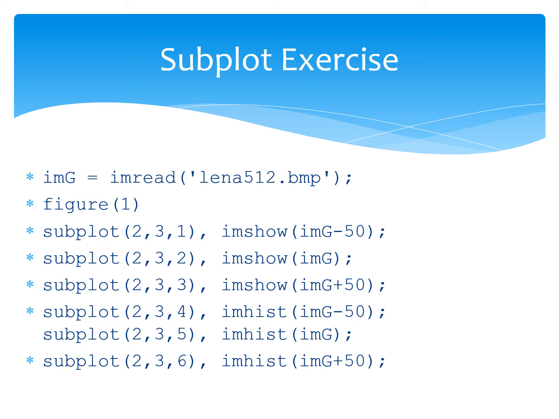As you can see in the sample code, we want to display the image with low brightness in the first row on the left. Therefore, we specify subplot ID 1 in the third parameter to show G minus 50, where G is the original image.